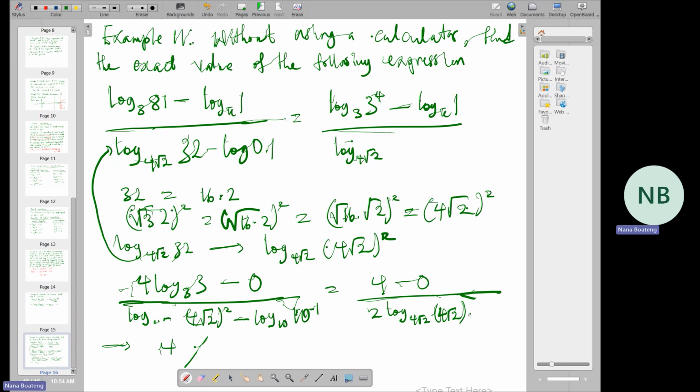So minus and minus log 10 of 10. And so this becomes 4 divided by 2 minus -1, which is 4 divided by 3. So this becomes our final answer.